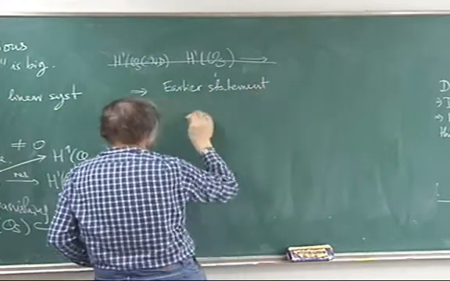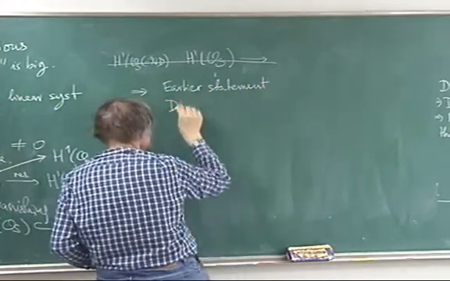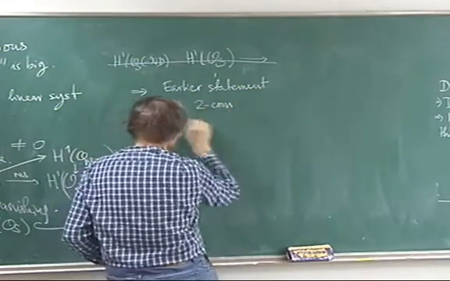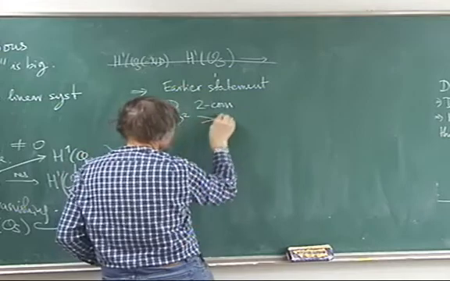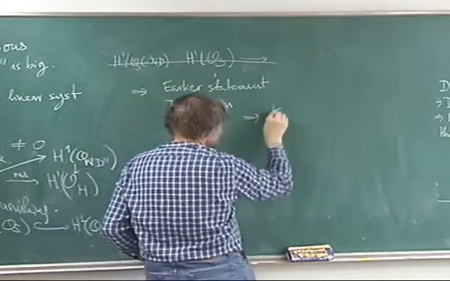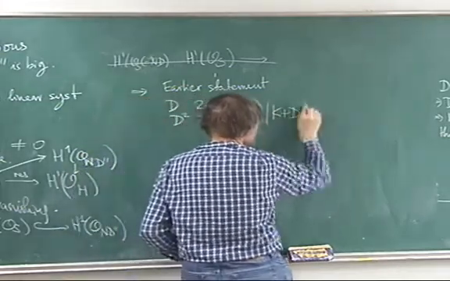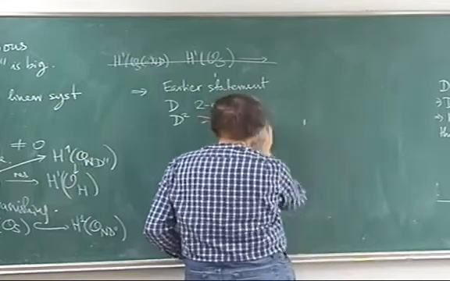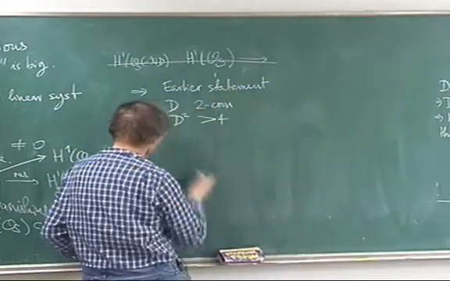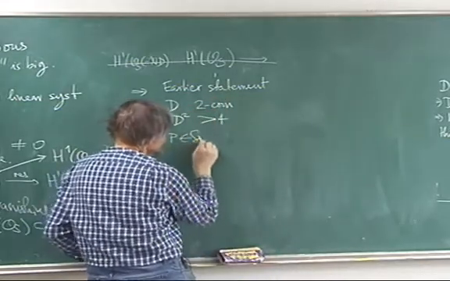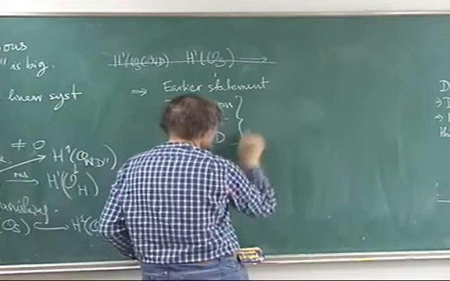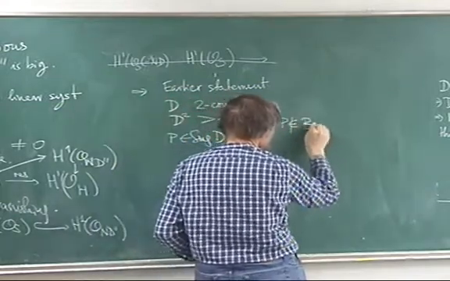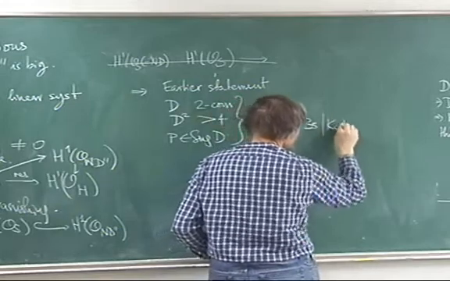So if D is 2-connected and D squared is greater than 4, then K_S plus D, and P is a singular point of D, then P is not in the base locus of K_S plus D.